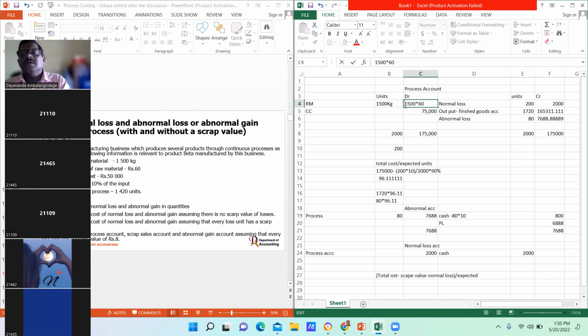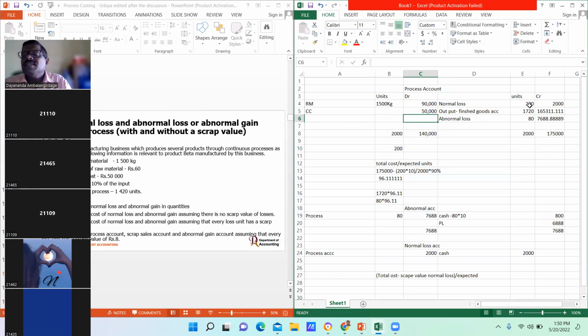How much? Yes, that would be 90,000. And conversion cost would be 50,000. Here I am just changing the data. So altogether, you will see the total cost incurred for this process is 140,000, right? And it says normal loss is 10%.